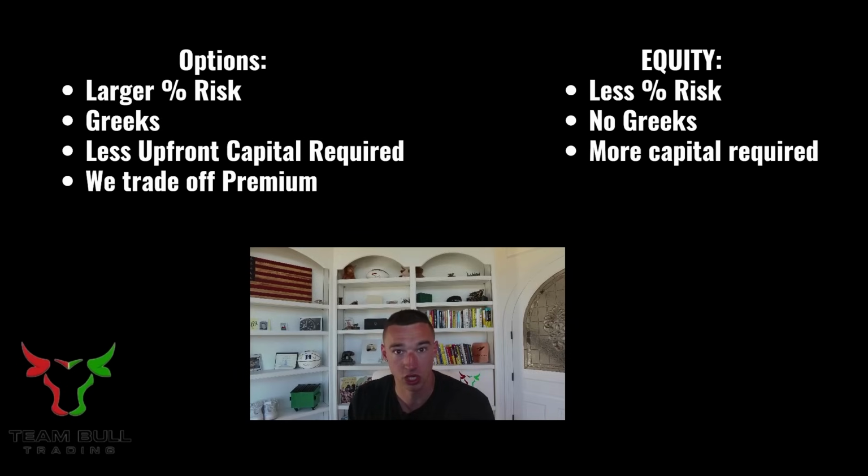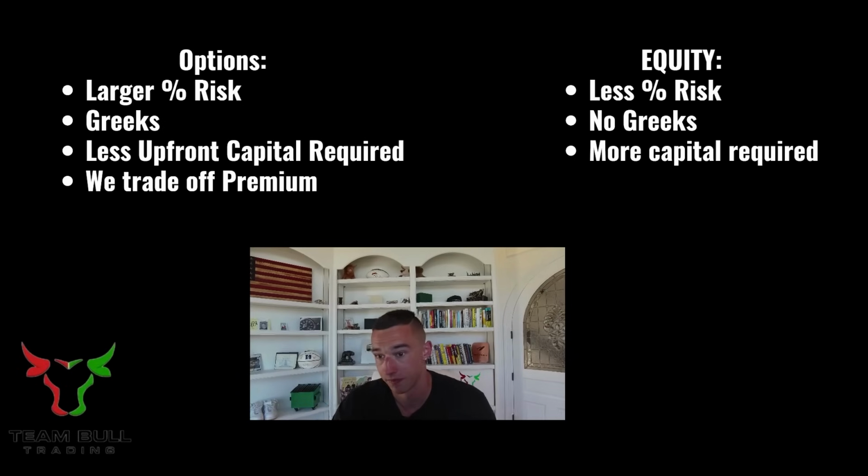That's where picking your option contracts comes in handy, which I will show you in just a moment. You have less upfront capital required. This is great for small accounts. Great for people trading with specifically less than 25,000. And finally, we trade off premium price. We don't trade off stock price, which we will go over in a moment as well.